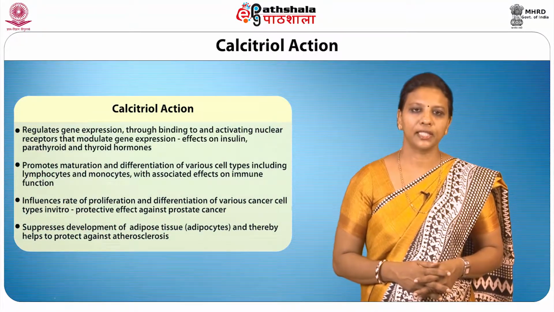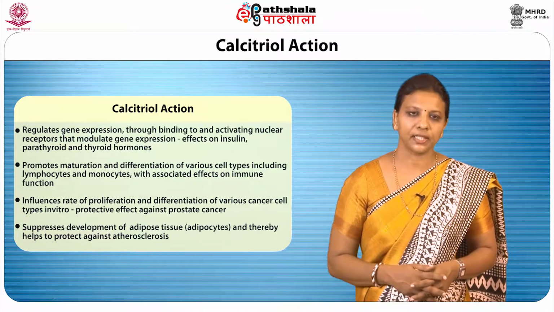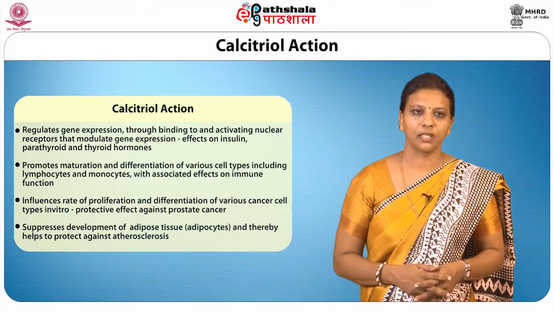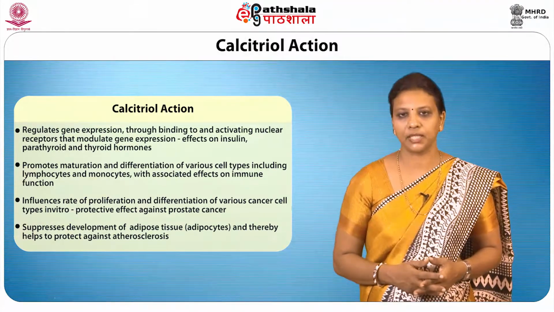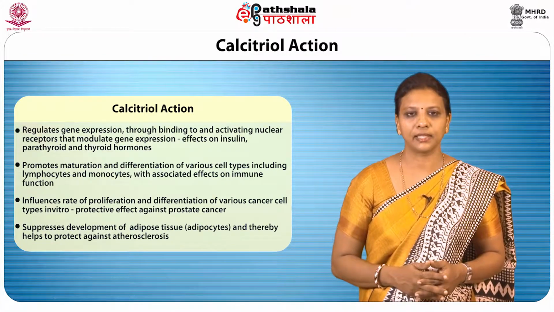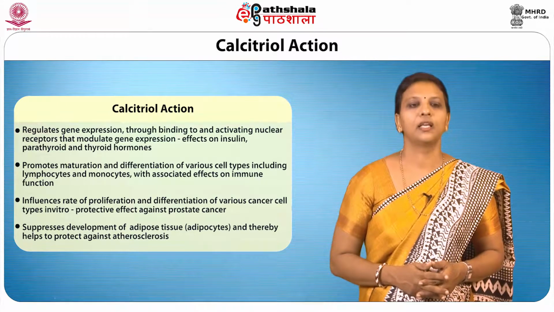Calcitriol regulates the expression of many genes through binding to and activating nuclear receptors that modulate gene expression. This nuclear activity may explain many of the effects of vitamin D, including effects on the secretion of insulin and the synthesis and secretion of parathyroid and thyroid hormones.